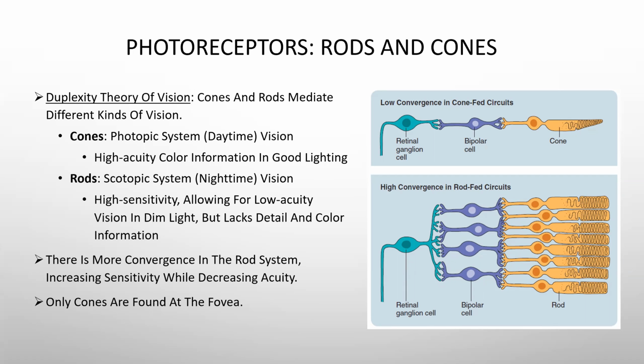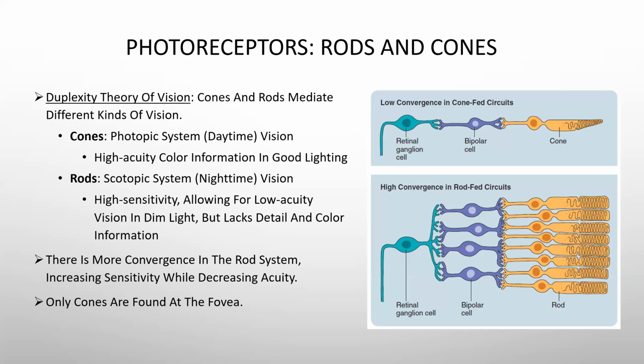Rods, or what we call the scotopic system, are for nighttime vision, high sensitivity, allowing for low acuity vision in dim light. So high sensitivity to any light that's out there. They're very good in dim light, but they don't have that color aspect to them.